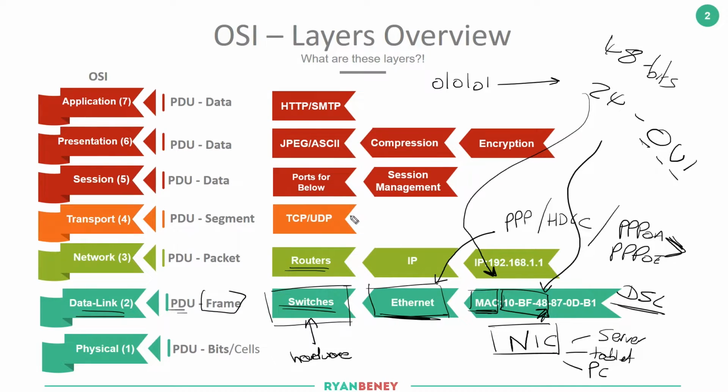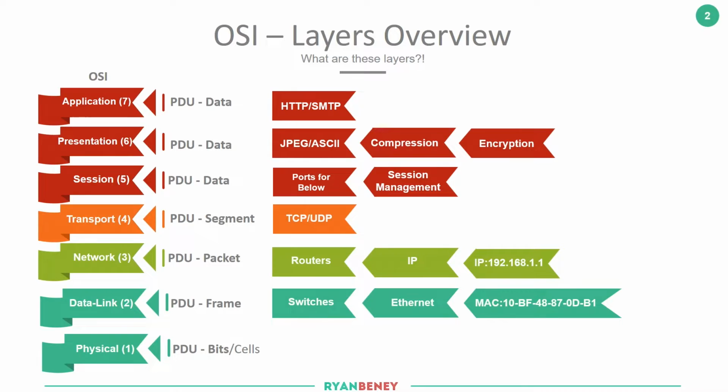A good way to think about the differences between the network and data link layer is the network layer is primarily used for communication when the device is not on the same segment, and the data link layer is primarily used when the communication is on the same segment.